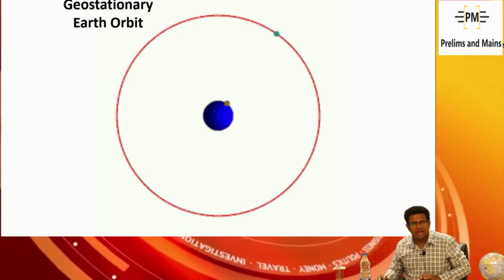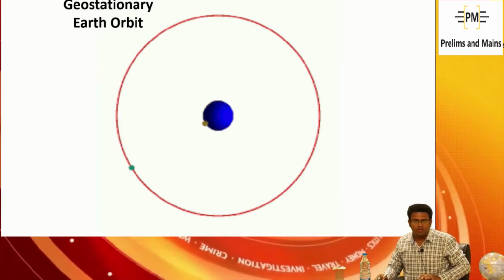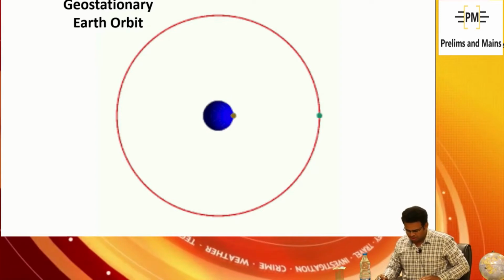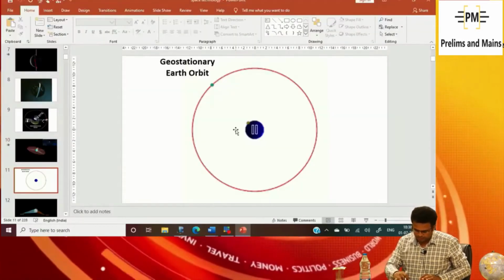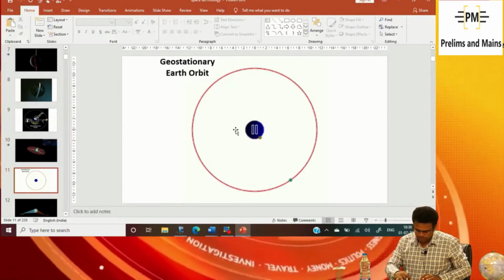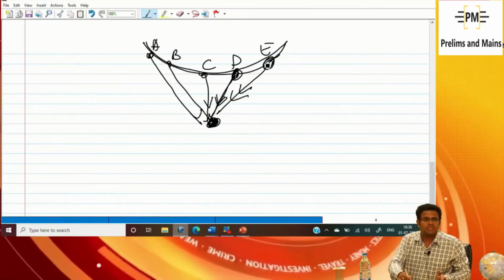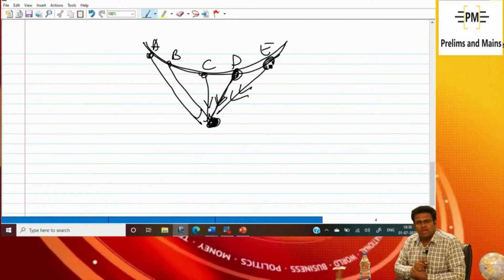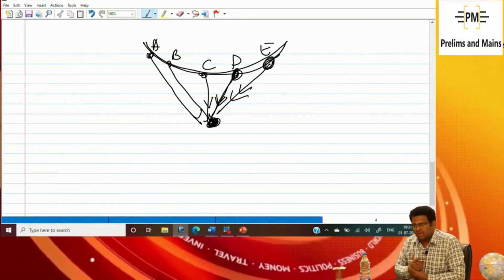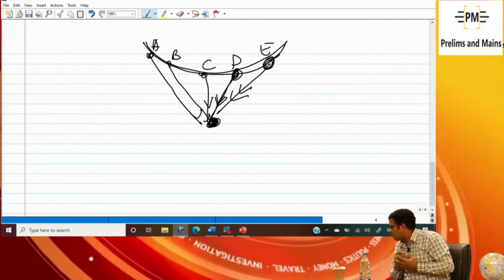Therefore, different angle animation has been shown to you so that you can understand it. Perhaps it is clear to you that it is known as a geostationary satellite. If it is clear, I can move ahead.